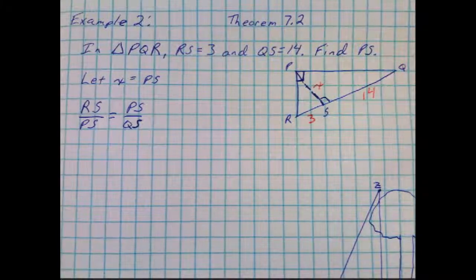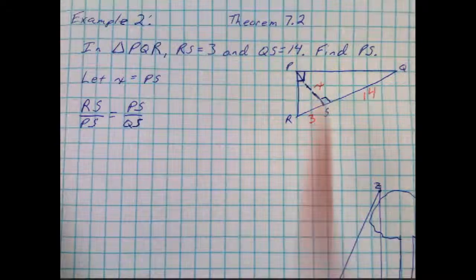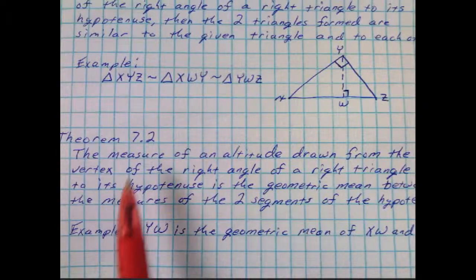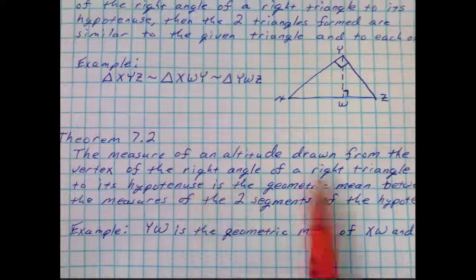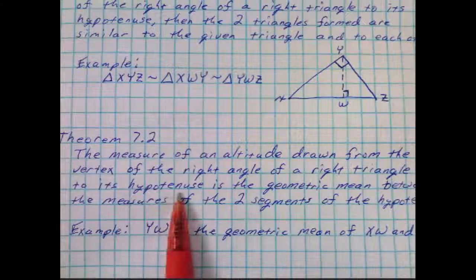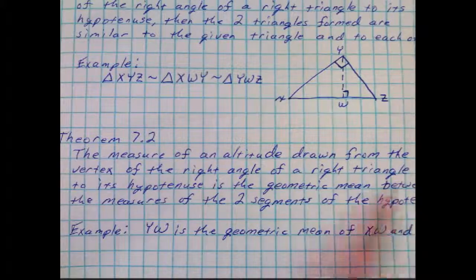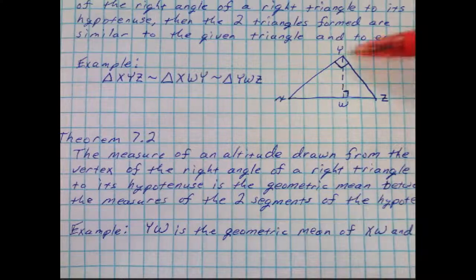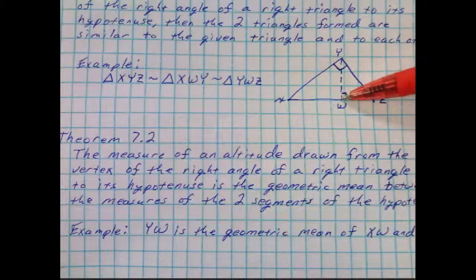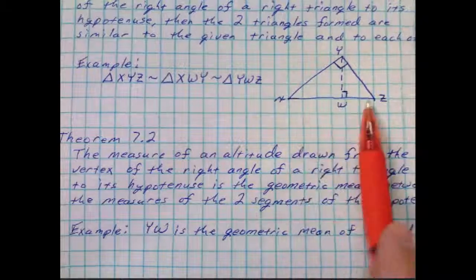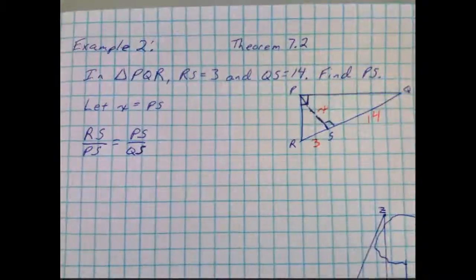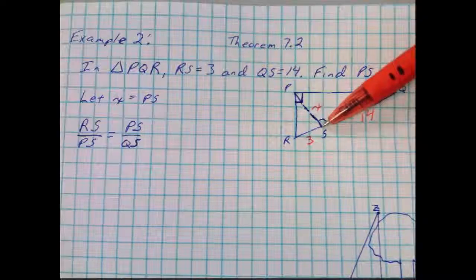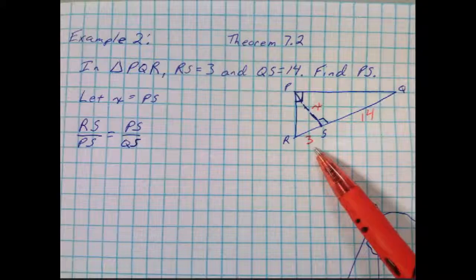So if you remember 7.2, we're going to look back at that one. 7.2, it told us that the measure of the altitude for the right triangle, then we have the geometric mean between the measures of those two segments of the hypotenuse. Okay, so this piece here, which we said was X, is the geometric mean between these two pieces. Okay, so then when we look over here at example 2, PS is the geometric mean between these two pieces.